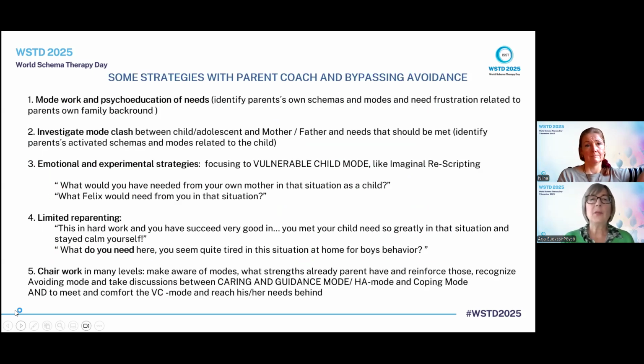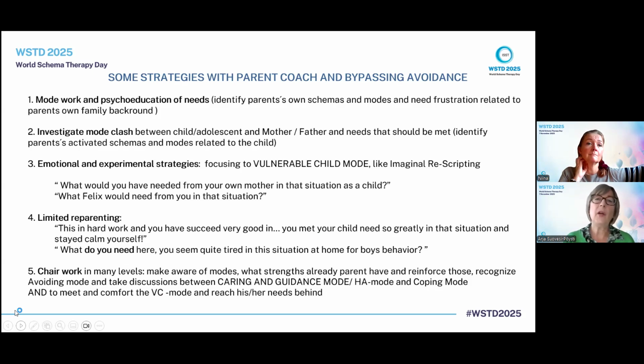Okay, here are some strategies I usually use with parents, while bypassing the avoidance mode. Our aim in schema therapy is always to do mode work, and we keep psychoeducation of basic needs.